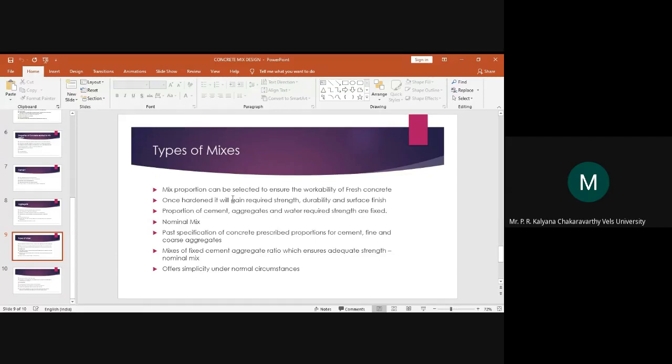As per the codal provisions, for example IS 456, for M10, M15, M20, M25 and so on, the mix proportion is given for cement, fine aggregate, and coarse aggregate. With this mix proportion we go for the concrete mix.